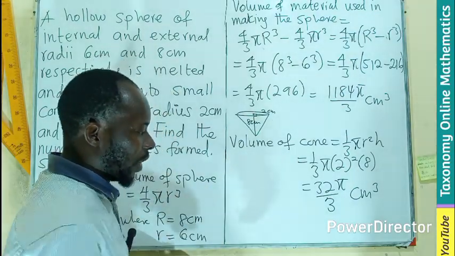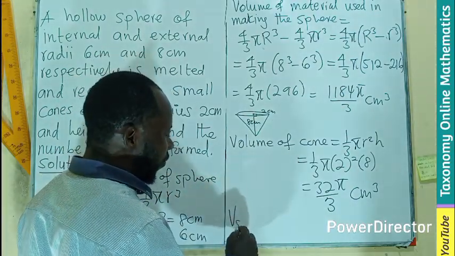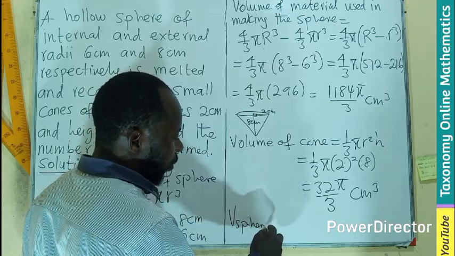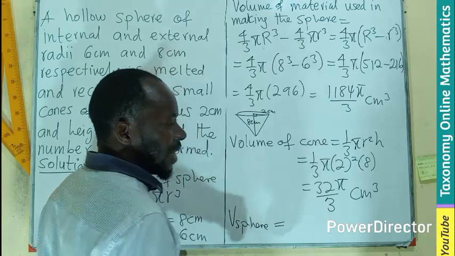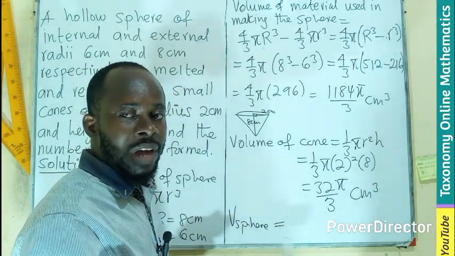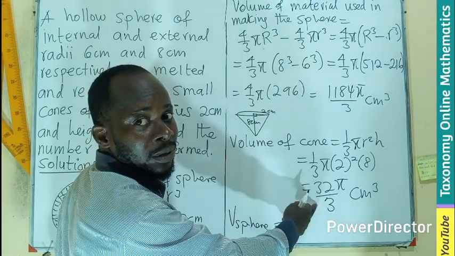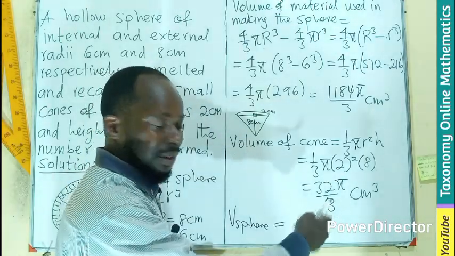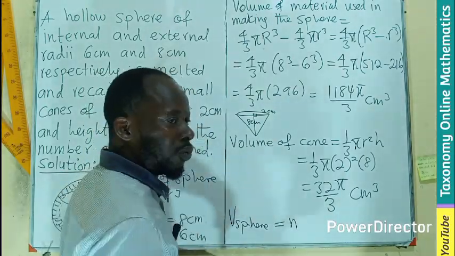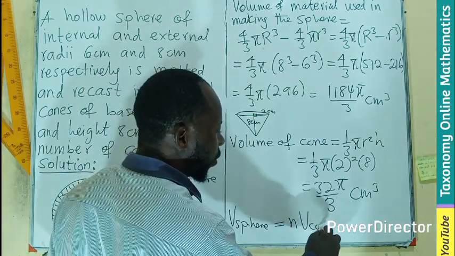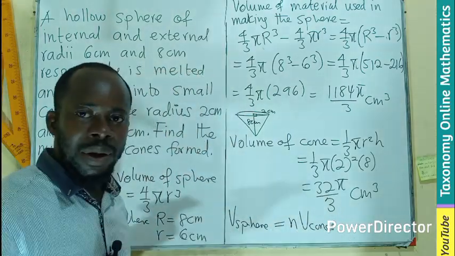So I can say volume of sphere will be equal to the number of cones I am making. If I make 2 of this, it means 2 times this one. If I'm making 3, 3 times that. So let's use n to represent the number I am making, multiplying the volume of what? Cones. This is what I want to say.